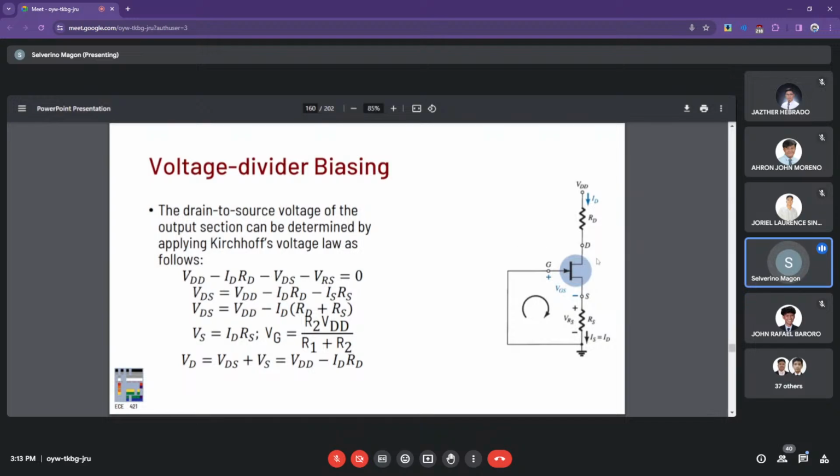And that the voltage at the drain terminal is equal to VDS plus VS. Similarly, we can obtain that using VDD minus IDRD as well. No? So we can come up with the same figures by subtracting this one, because essentially what remains is the same here.